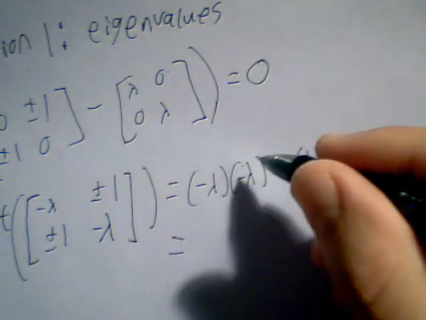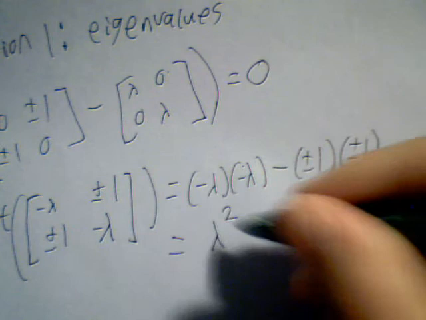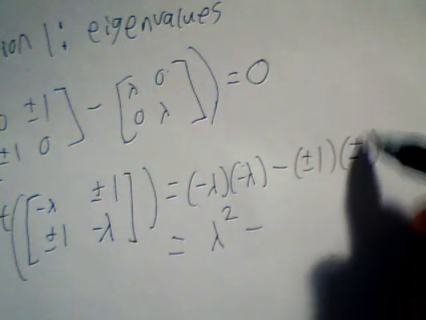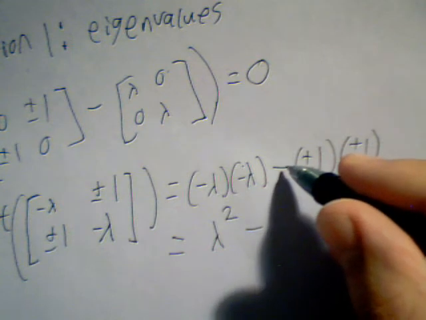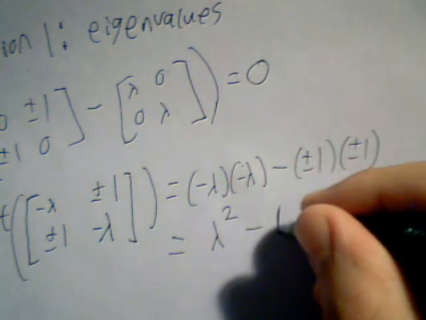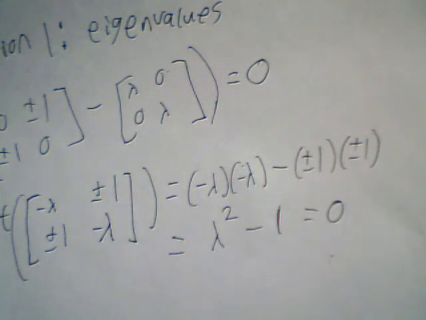The negatives cancel out, so I get lambda squared minus 1, whether these are both plus or both minus. And I'm saying this equal to 0.